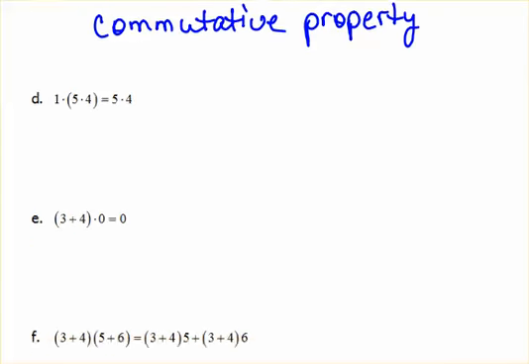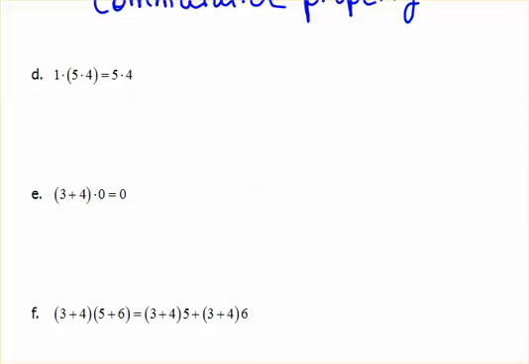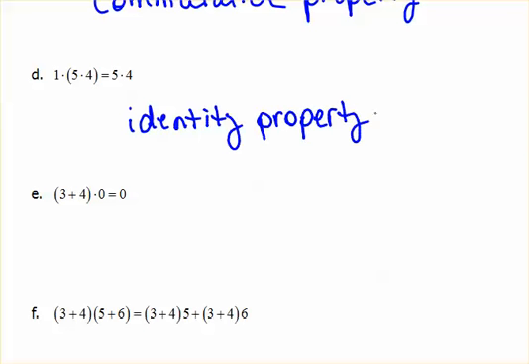Then our part D says 1 times the quantity 5 times 4 is equal to 5 times 4. Well, we know 1 times anything is itself. So 1 is the multiplicative identity, so this would be the identity property of multiplication, but I'm just going to put identity property for time's sake.